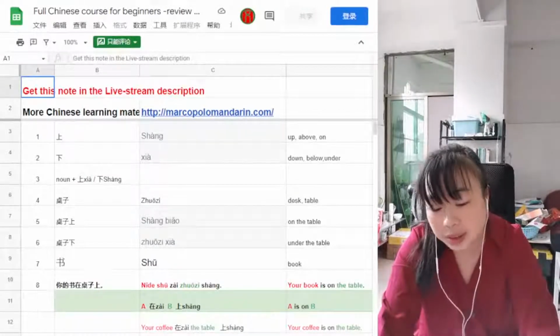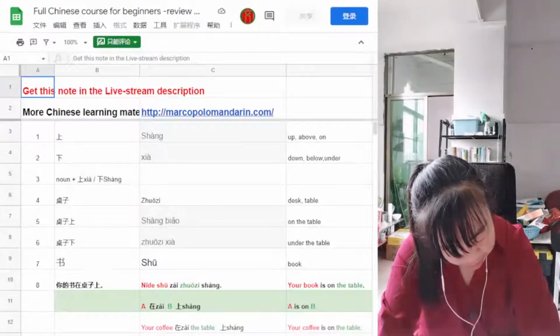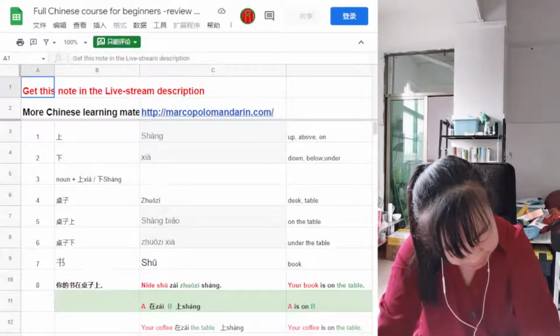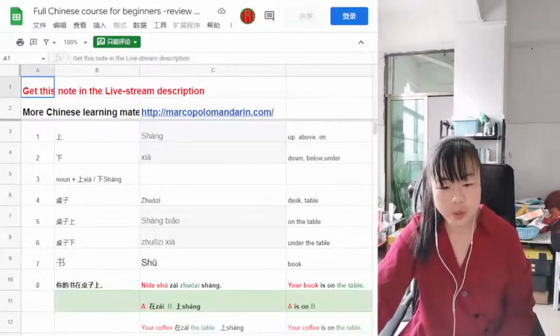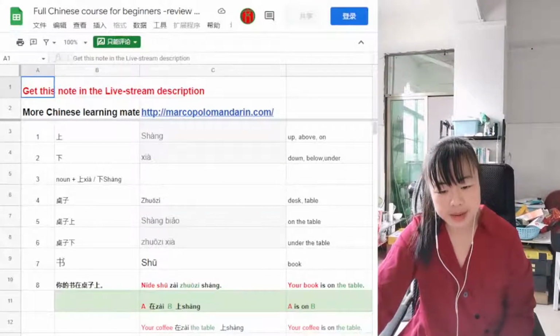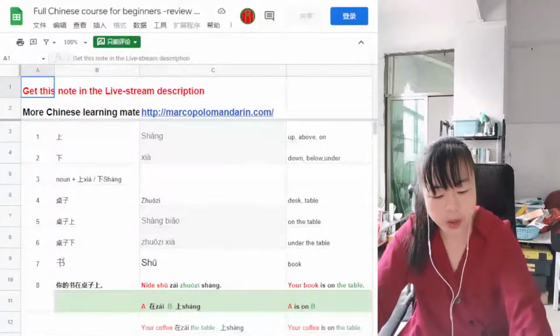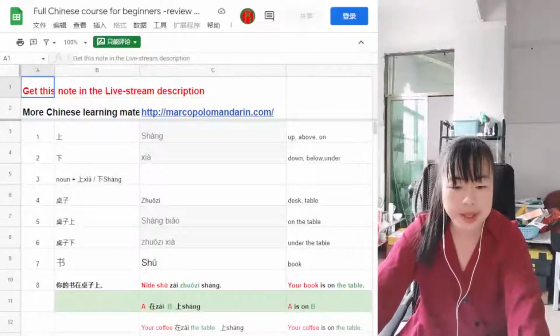Okay, now this part, let's stop here. 里 or 里边, 外 or 外边, 前 or 前边, 后边. Let me give you the pinyin first.